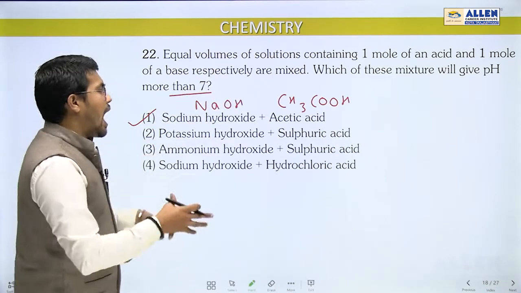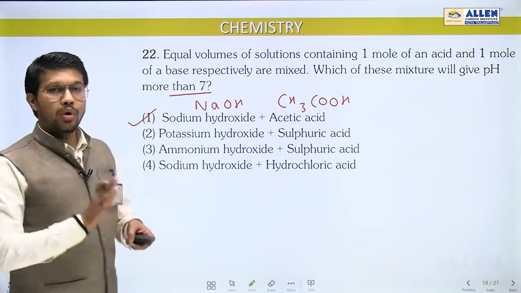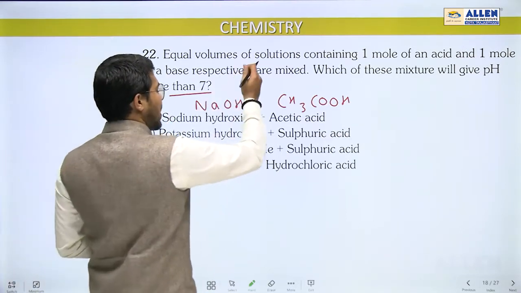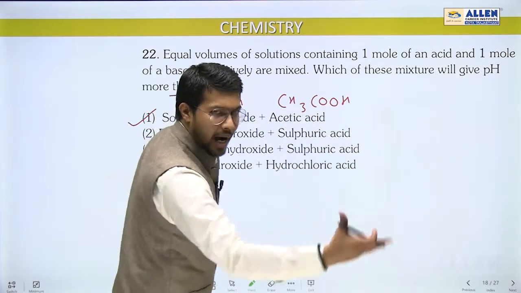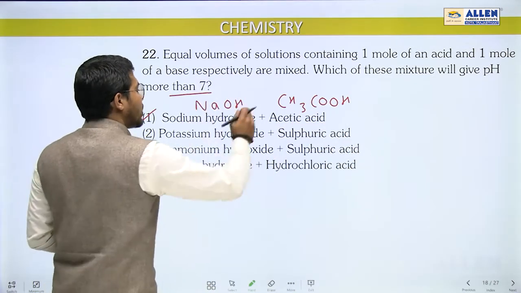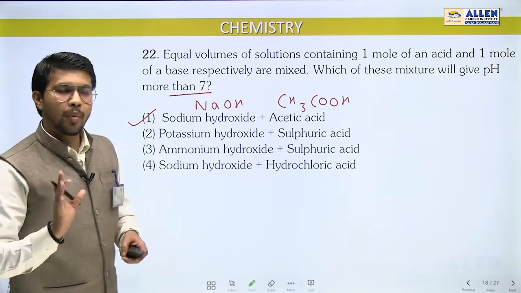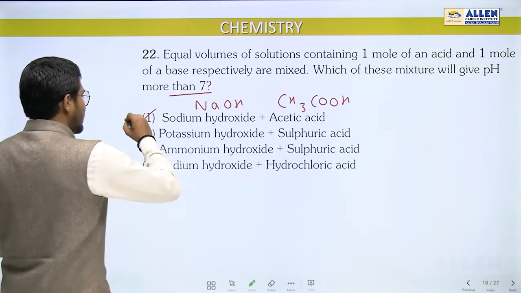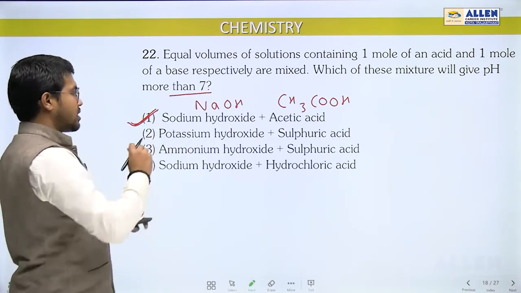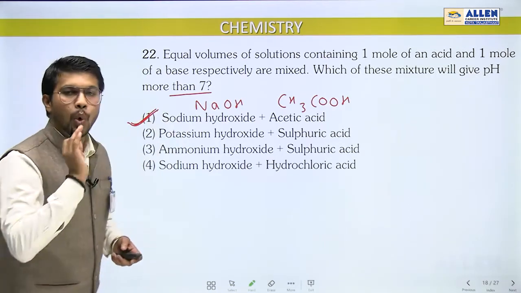Even if they are taken in the same amount, we know that this base will ionize completely and this acid will ionize partially. So overall the dominating factor will be NaOH. So this is our correct answer for this particular question.